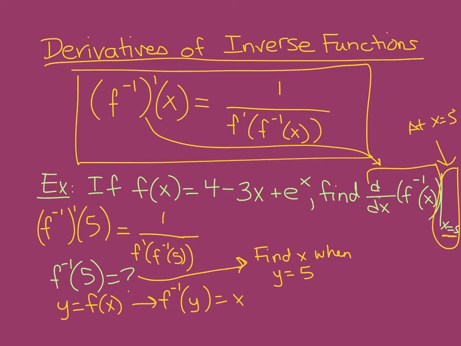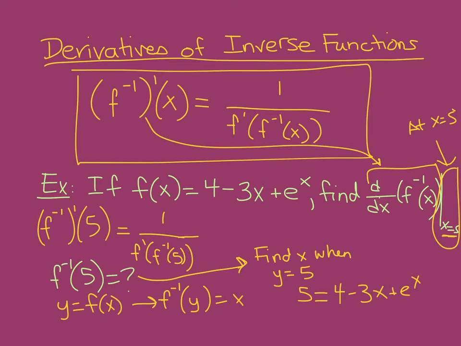Basically what I'm going to do now is take this equation. I get 5 equals 4 minus 3x plus e to the x. I need to find x there. That x value is going to be what I get when I have the inverse evaluated at 5.